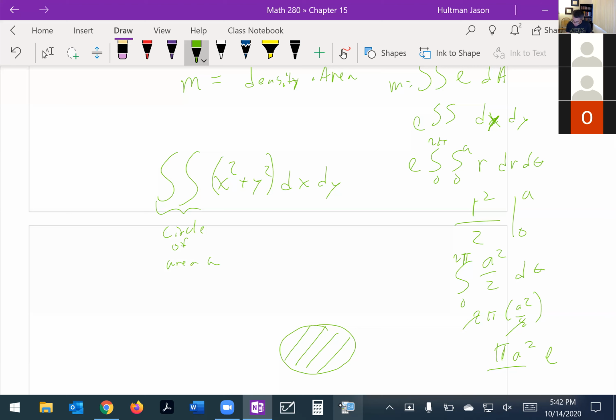Let's let the density be 1. There you go. Interesting. Because what's the circle? x squared plus y squared equals r squared. That's the general equation of a circle centered at the origin. So we just did the proof.